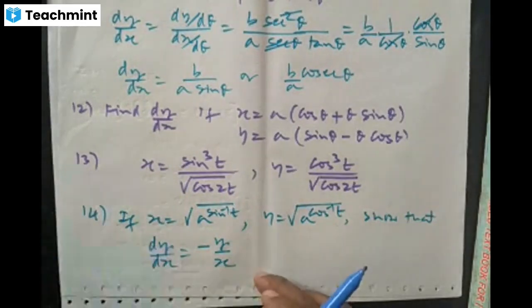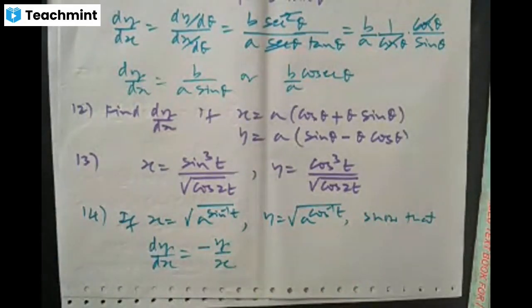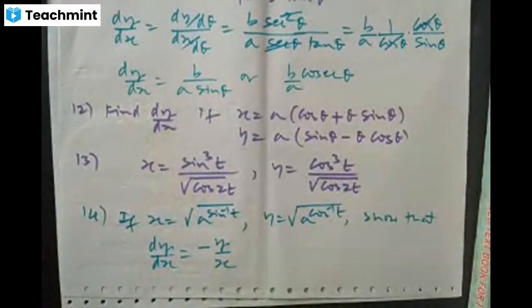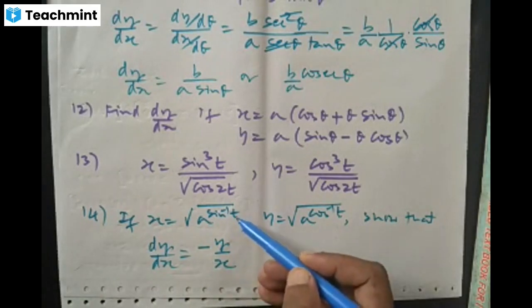See, in the first 13 problems, there's a restriction. The restriction is that you have to find dy by dx without eliminating the parameter. Understood? But here 14th is a different problem. You can find dy by dx, or you can show that dy by dx is minus y by x by eliminating the parameter t.